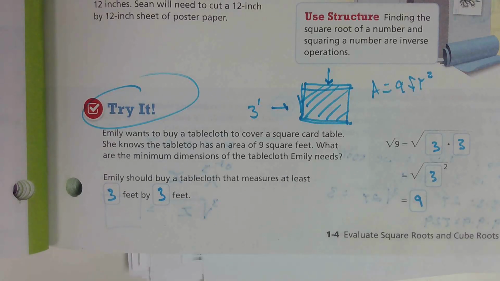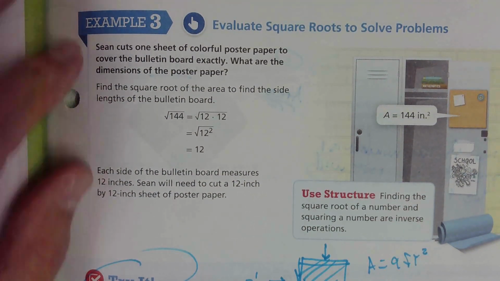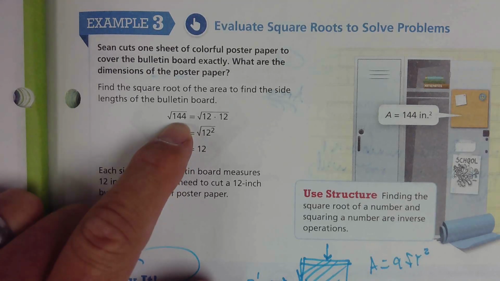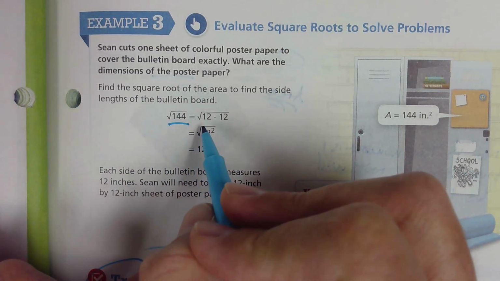Mr. Creature? Yeah. In the example at the bottom, it said 144 equals 12 times 12, which is 12 squared. Oh, you're looking at example 3? Yeah, in the example it says 12. So what's the square root of 144?